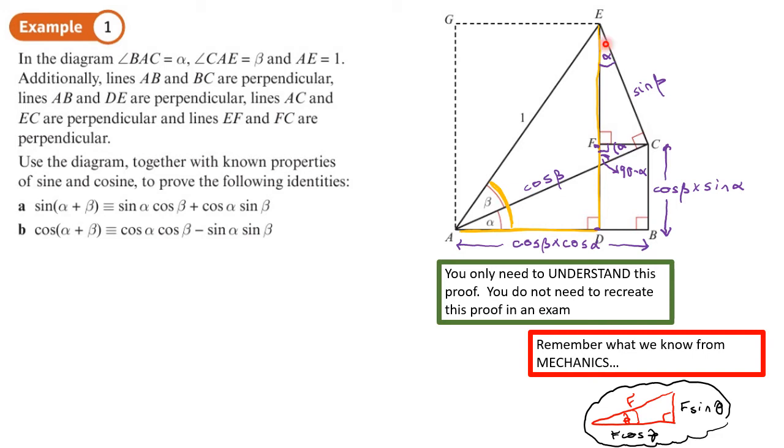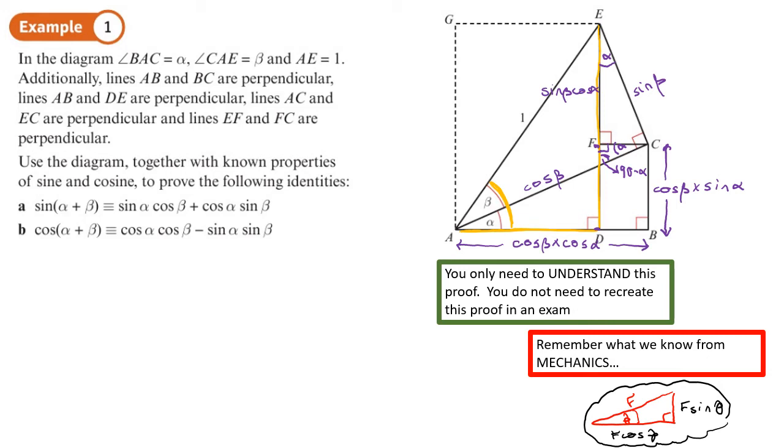Right, so now looking at this triangle here, ECF, this side here, which is adjacent to this angle with this hypotenuse of sine beta, this side here, E to F, is going to be cos alpha times sine beta, or sine beta, the hypotenuse, times the cos of that. So let's put that in. That's what's going on here. So E to F is sine beta times cos alpha.